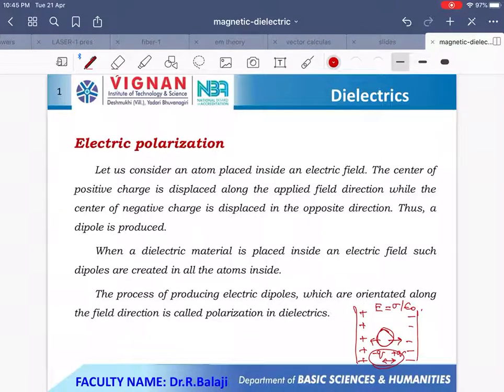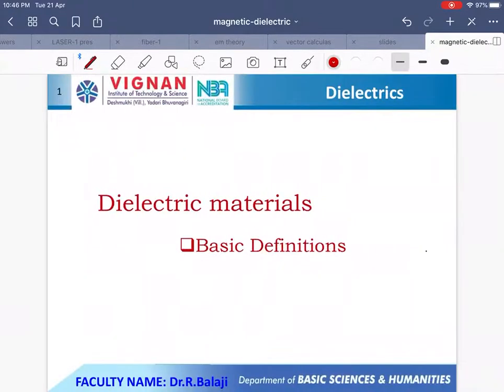It depends upon the applied electric field. Suppose the applied electric field increases, accordingly the electric polarization values also increase, or the dipole moment values also increase. Suppose the field is more, these positive and negative charges are displaced a much greater distance. Whenever the distance increases, the dipole moment value also increases.